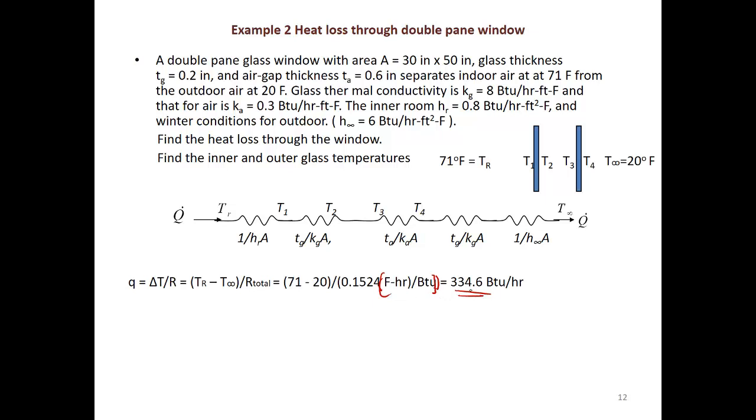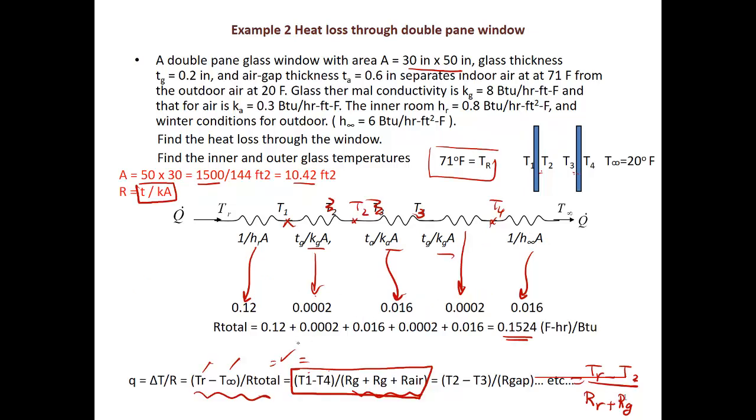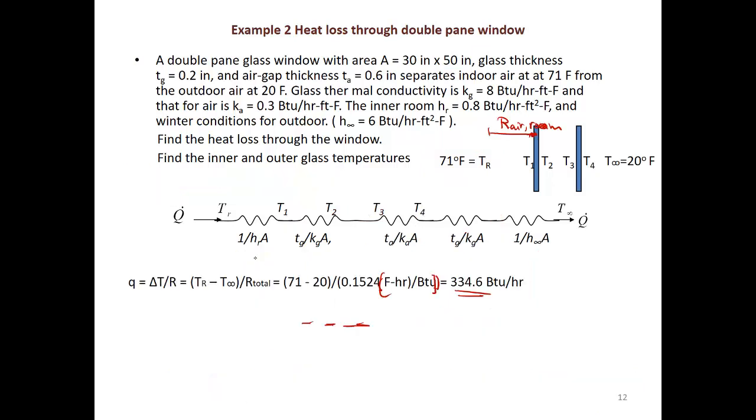Now we're going to use that T room minus T1 from here to here, so we only have R for the air inside the room. So it would be 71 minus T1 divided by 0.12, because that's the air for the room. It's 0.12.